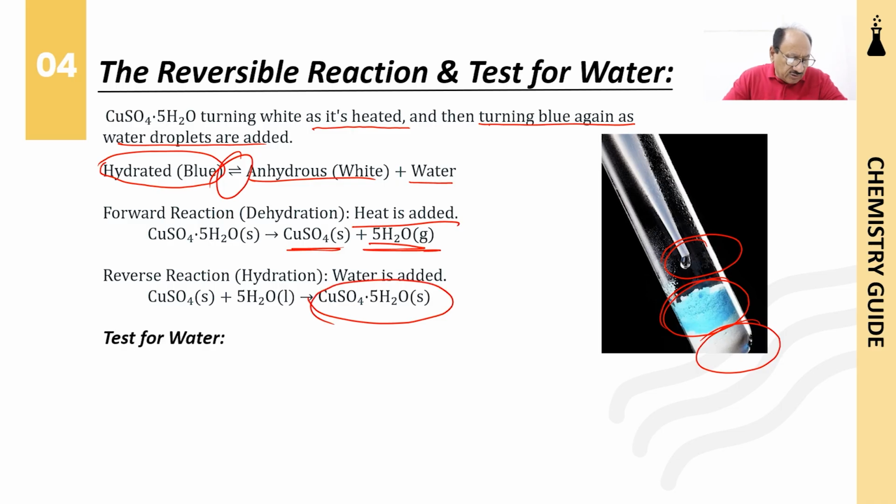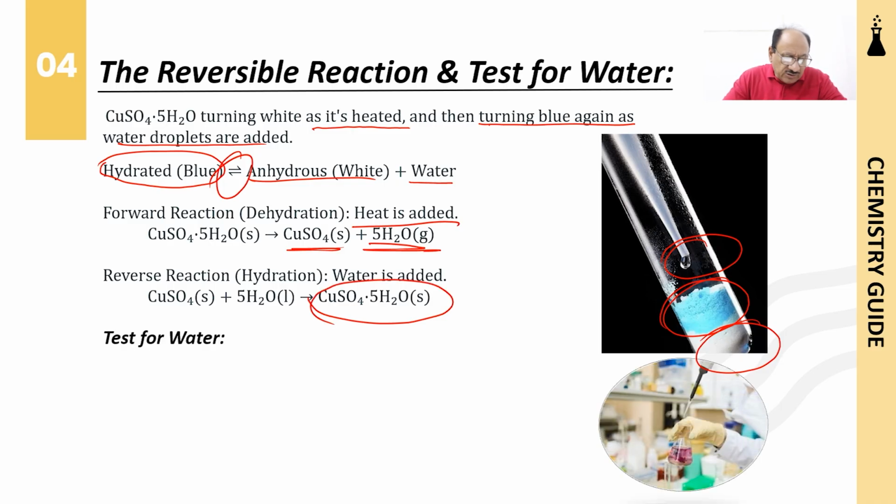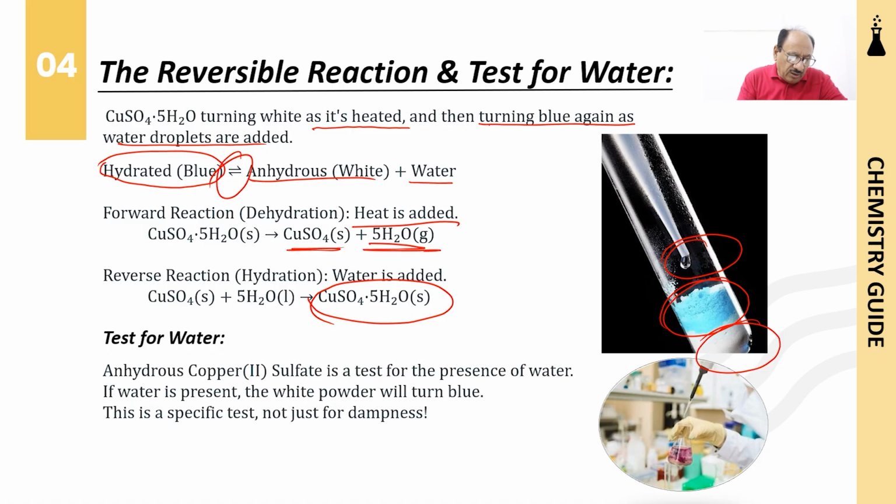We can use this as a test for water. Anhydrous copper(II) sulfate is a test for the presence of water.